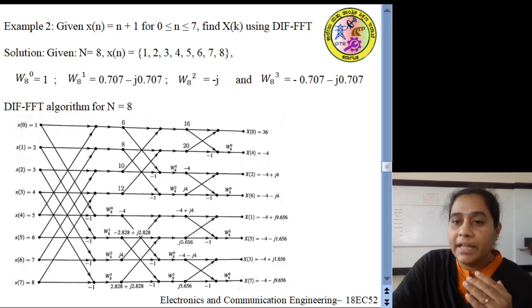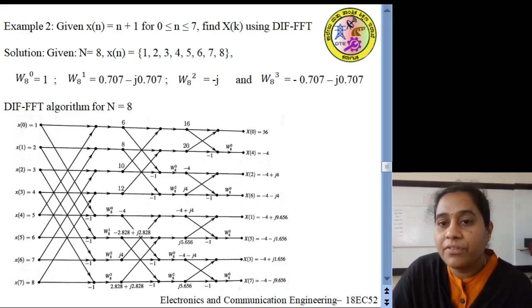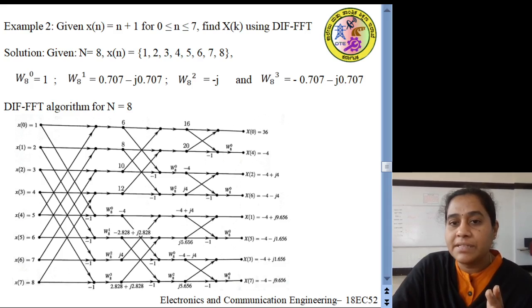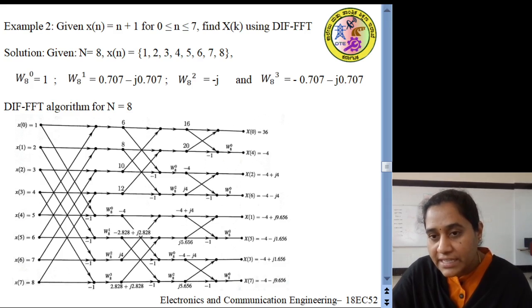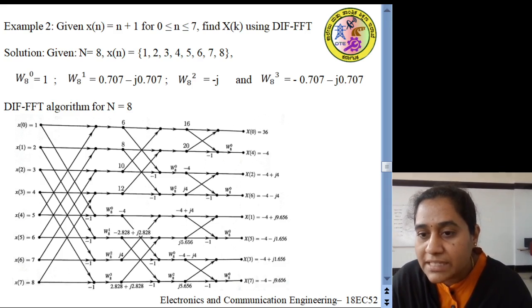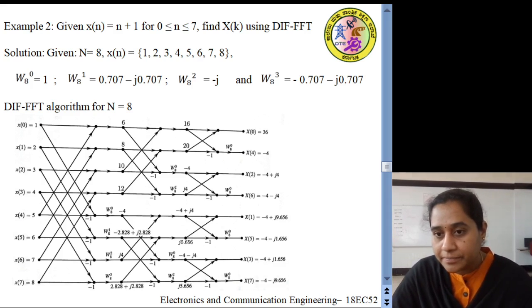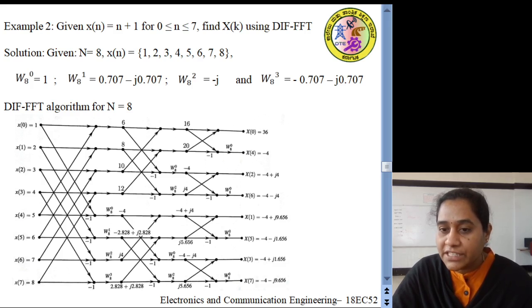So, the x of k, that is the DFT of the corresponding time domain samples x of n, we can write as 36, minus 4 plus j9.656, minus 4 plus j4, minus 4 plus j1.656, minus 4, minus 4 minus j1.656, minus 4 minus j4, and lastly minus 4 minus j9.656.